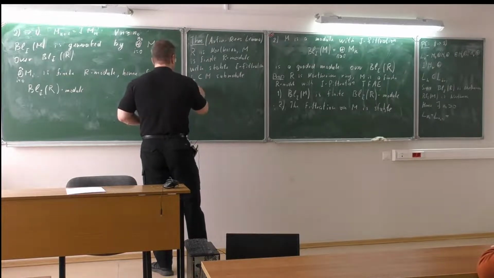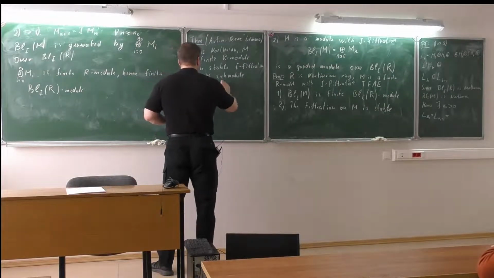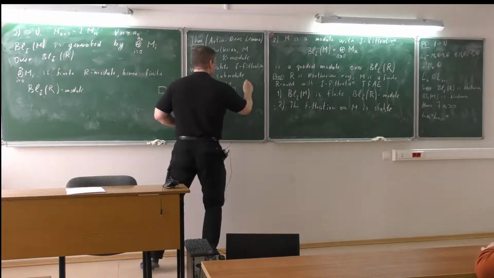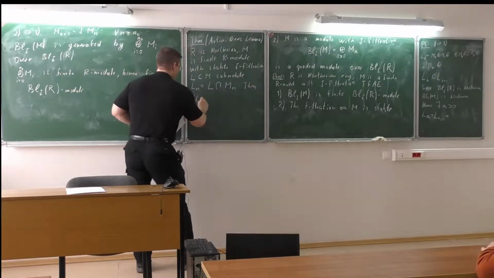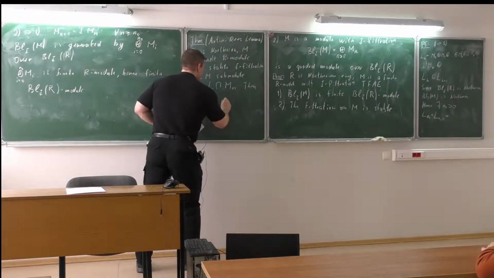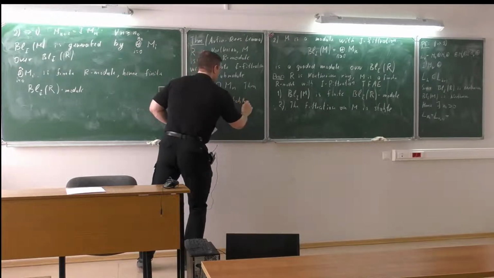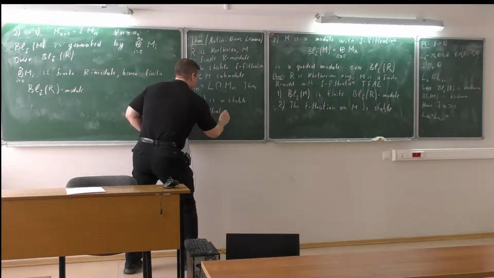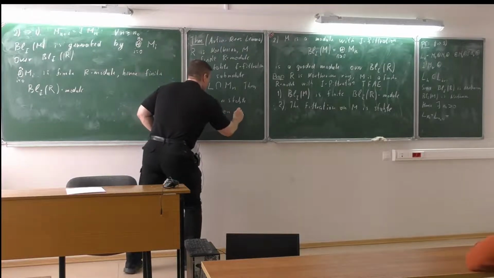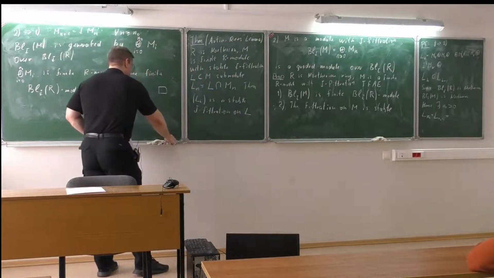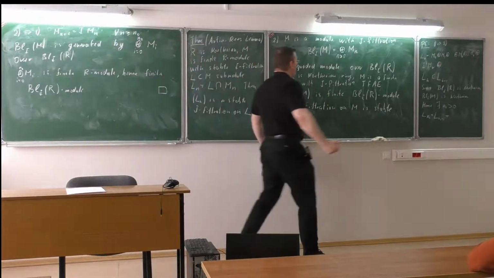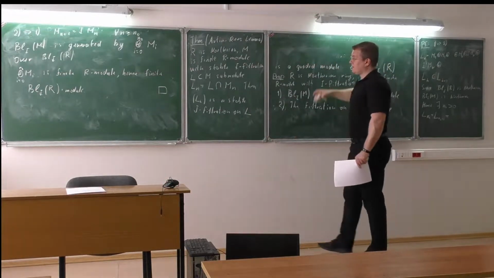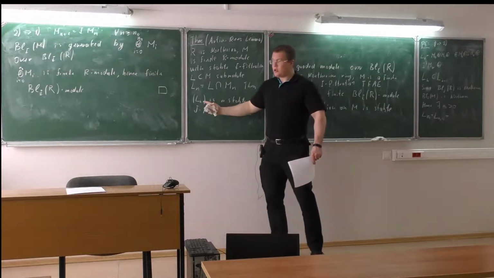Then if we set Ln to be equal to L intersect with Mn, then Ln is a stable I filtration on L. Essentially, this is a chain of submodules.